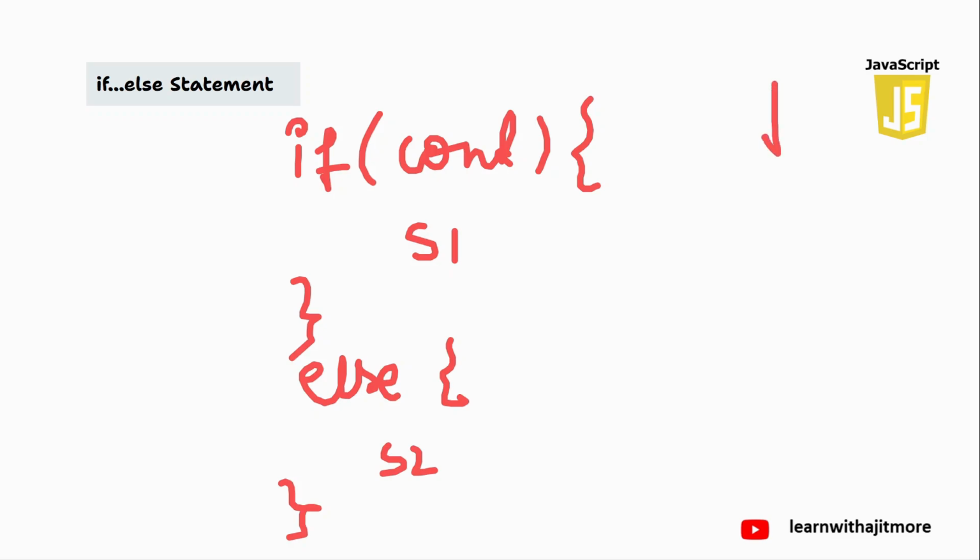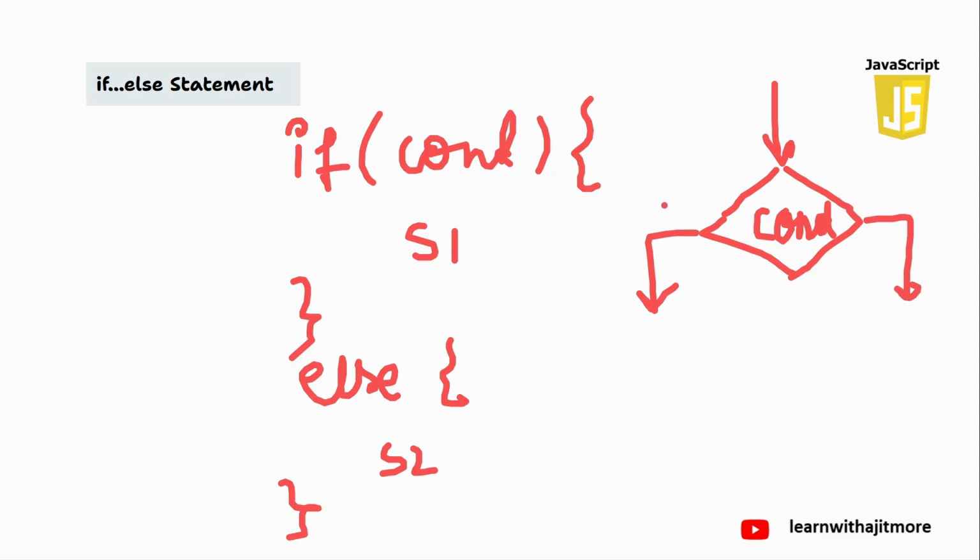ठीक है? तो यहां भी क्या चेक किया जाएगा? कंडीशन. राइट? सो कंडीशन जो भी है उसका दो आउटकम है. One is true and another is false.